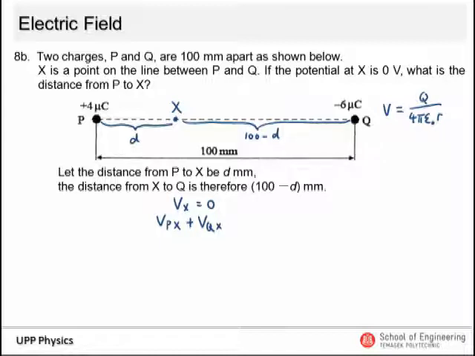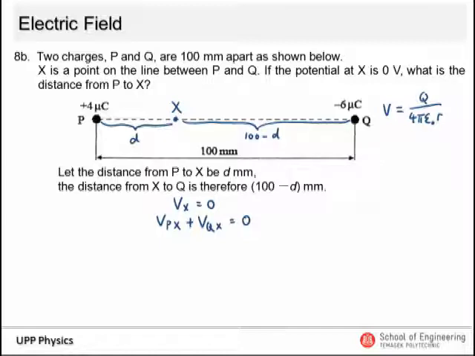So the two added together will be equal to 0, because we are looking at the potential at point X due to two charges. So we just simply consider the individual potential due to each charge at point X, VPX and VQX respectively, then we add them together.